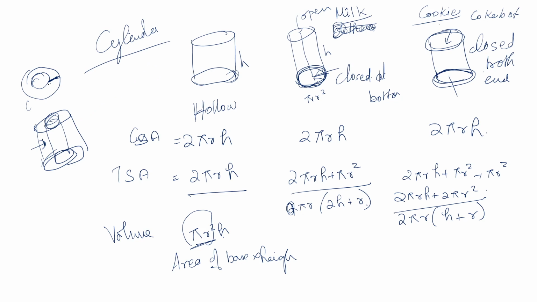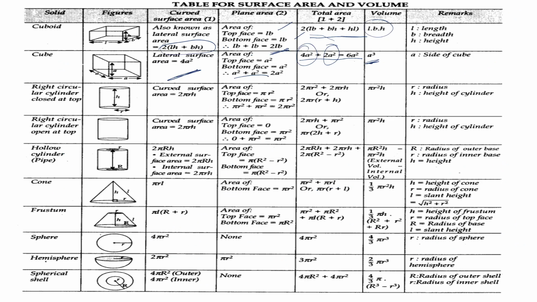So how can you find this area? You have to find the outer cylinder minus inner cylinder, because there is a hollow in between, na? That's what is given here. For the hollow cylinder, the surface area is 2 pi r h for the external cylinder and 2 pi r h for the internal cylinder.